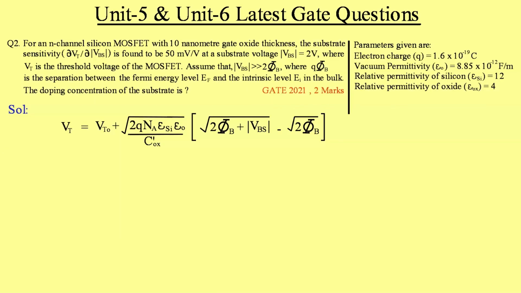For the second question, in the 6th unit, we have seen the body biasing effect, where we find the threshold voltage when there is a biasing between the body and source terminals of the MOSFET.